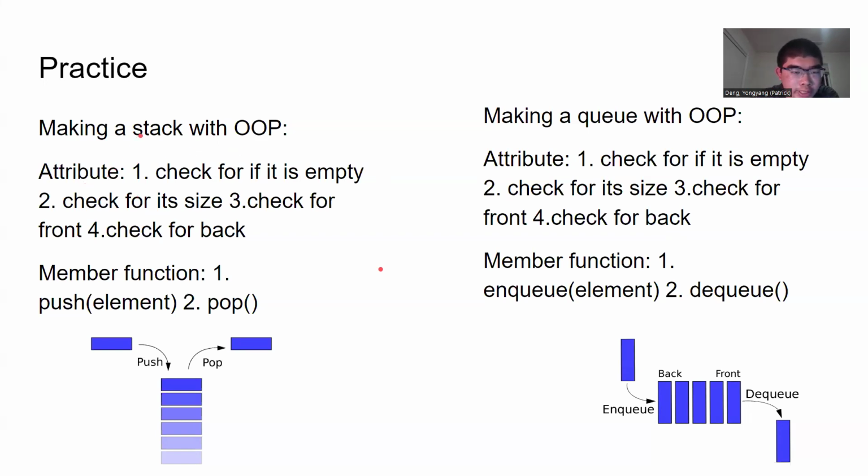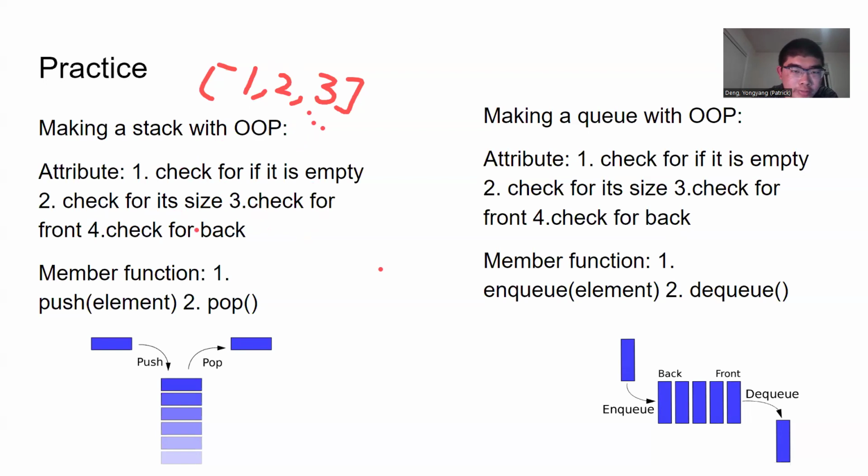So the attributes of a stack: first check if it's empty. We'll be using a list, saying 1, 2, 3, using a list inside. So check if that's empty, and check for the size. How many elements are there?